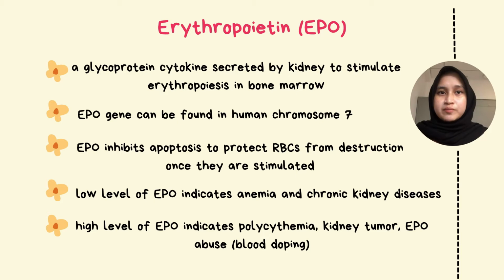Low level of EPO indicates anemia and any chronic kidney diseases, while high level of EPO may indicate polycythemia, kidney tumor, and EPO abuse or blood doping. So blood doping is basically used to enhance athletic performance and endurance.